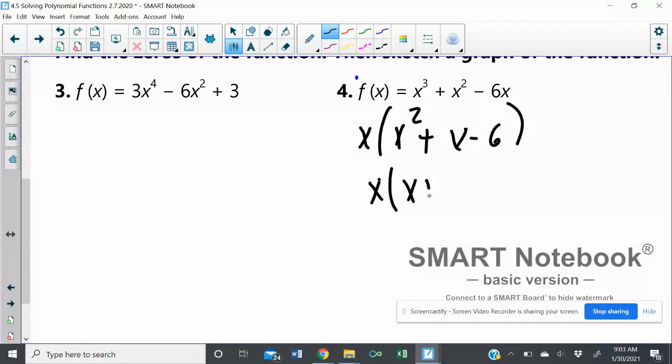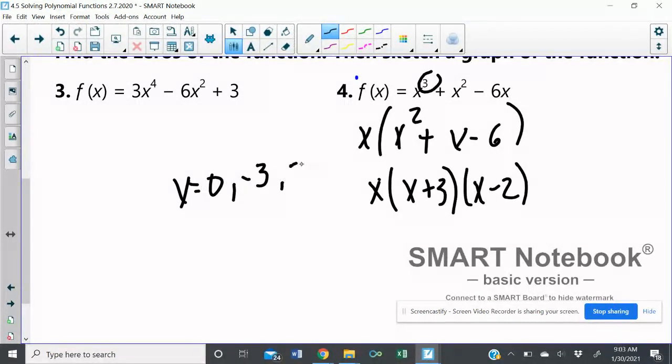And we're going to factor that to 3 and 2. Now again, I need 3 real or complex solutions here. I got x equals 0, -3, and 2. I have a positive odd, so that's how I'm looking.